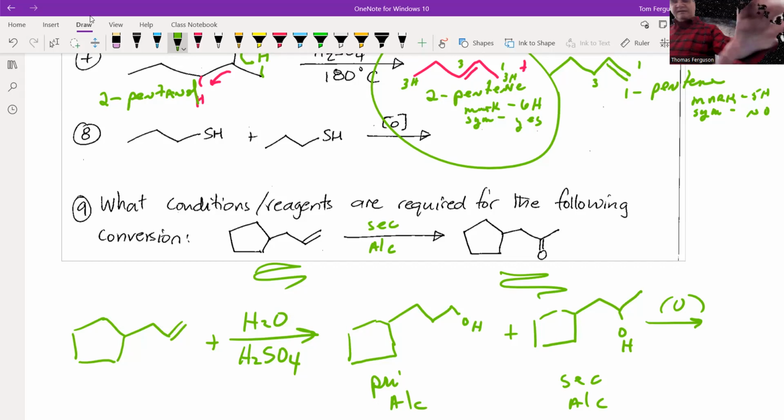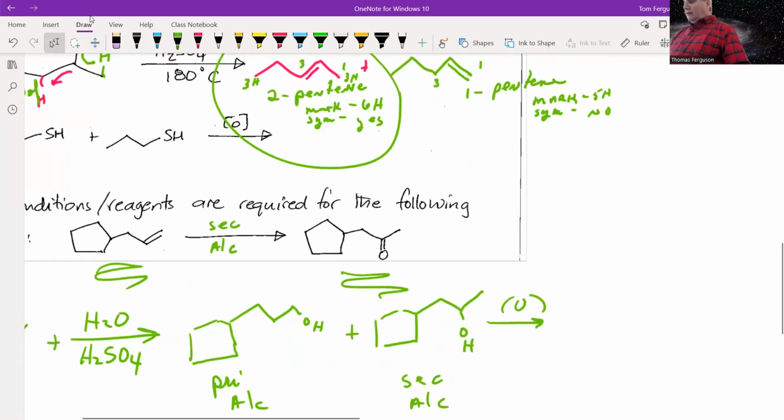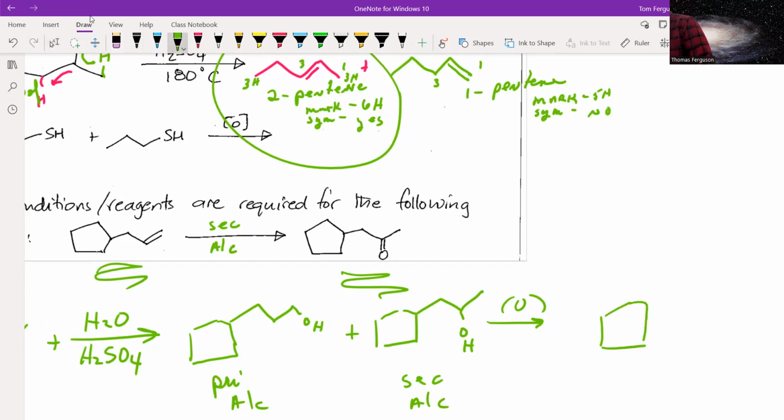Okay, so now we're going to take that secondary alcohol, run it through an oxidation process. So we end up with that ketone.